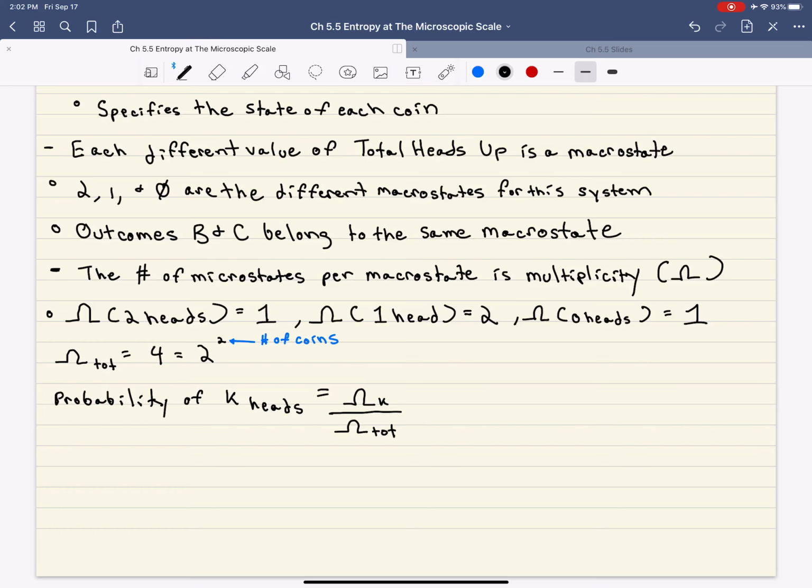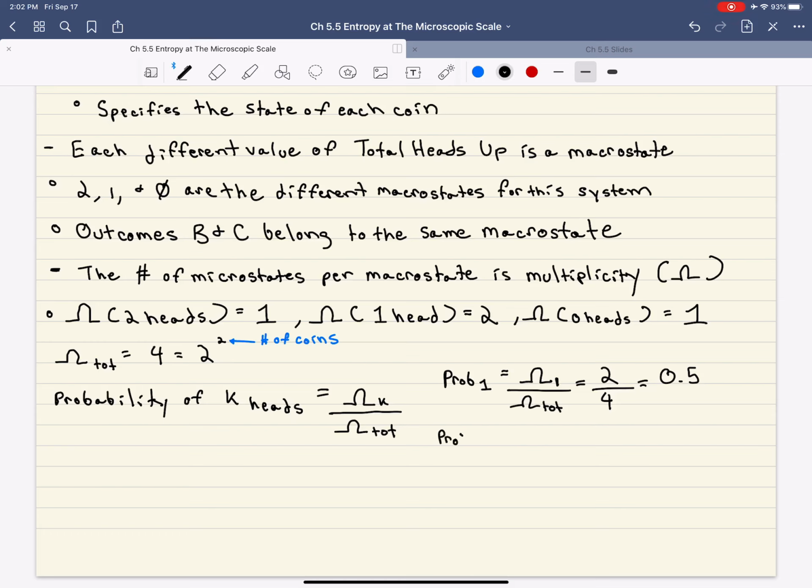And so the probability that we only have one head face up would be omega of one head being face up over omega total, right? And so this was 2, and omega total was 4. And so the probability that we would observe one head facing up would be 0.5 or 50%.